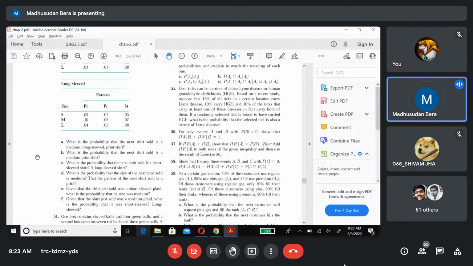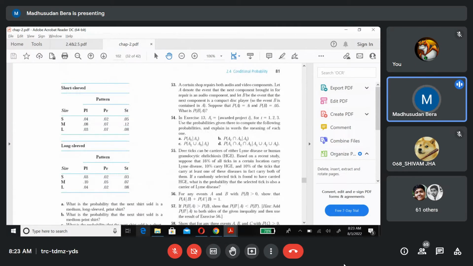C. What is the probability that the next shirt sold is a short sleeve shirt? Another question, a long sleeve shirt. Size is not mentioned, and pattern is also not mentioned. So it may be small, medium, large, or plaid, print, strip.